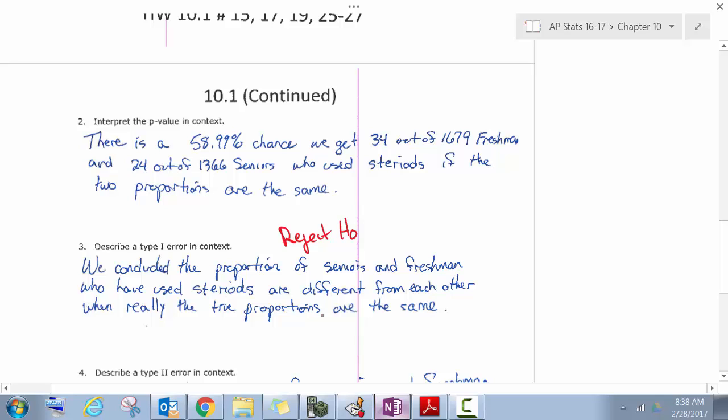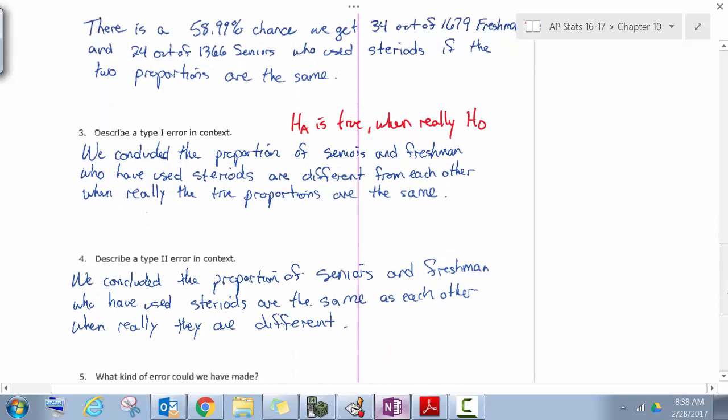So that's our alternate hypothesis, when really the true proportions are the same. That's our null. So what we're saying is we think HA is true when really H naught is true.